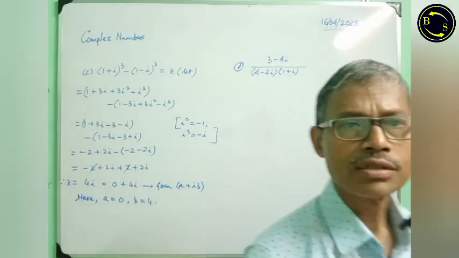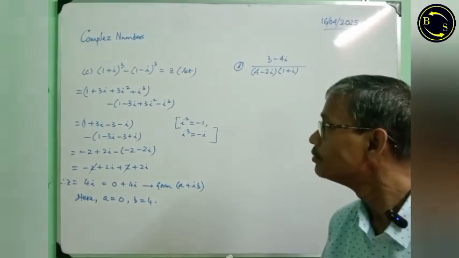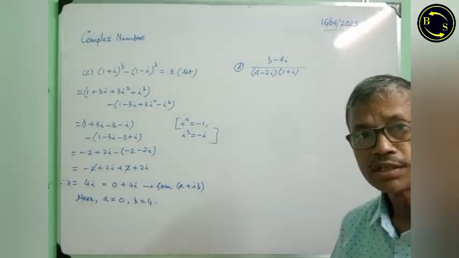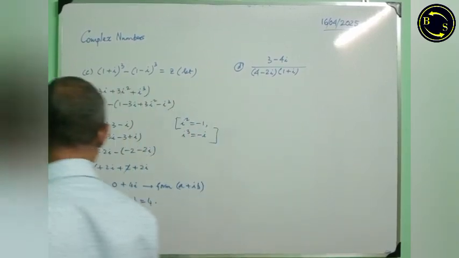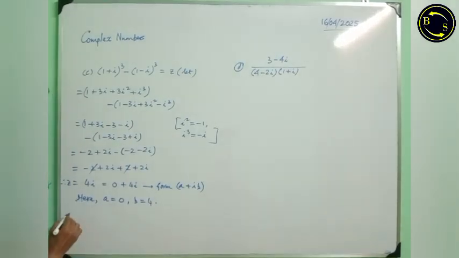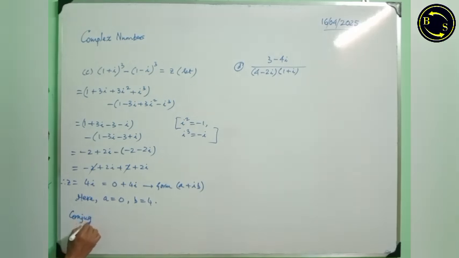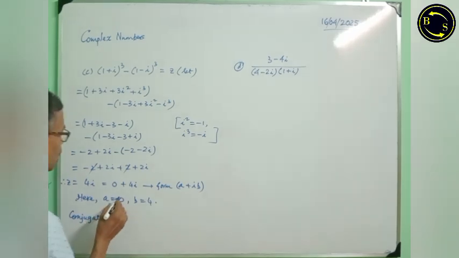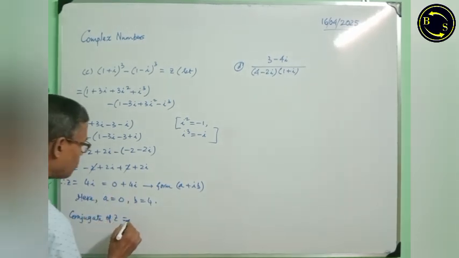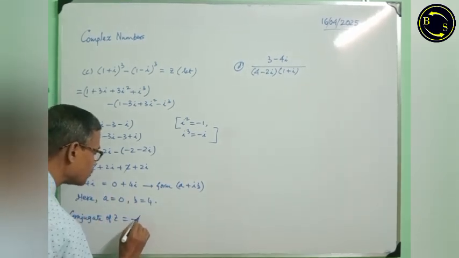Now let me discuss different results, those that are related to this sum. First of all, complex conjugate of z is equal to, a plus ib form, a minus ib, that means minus 4i.